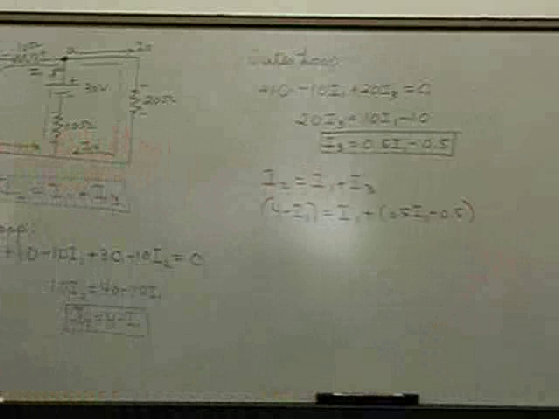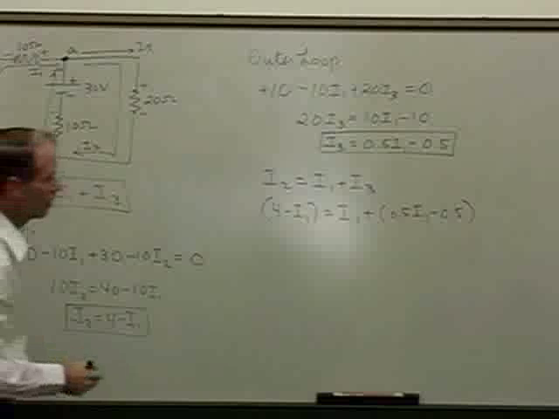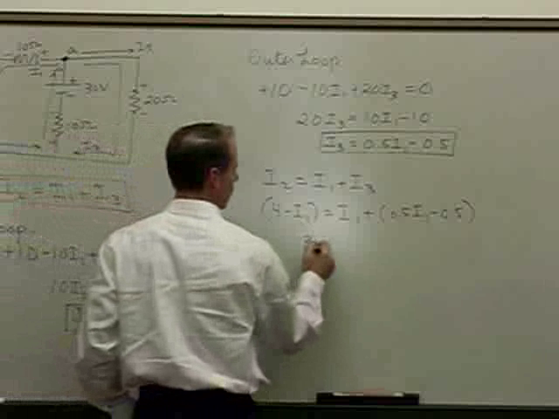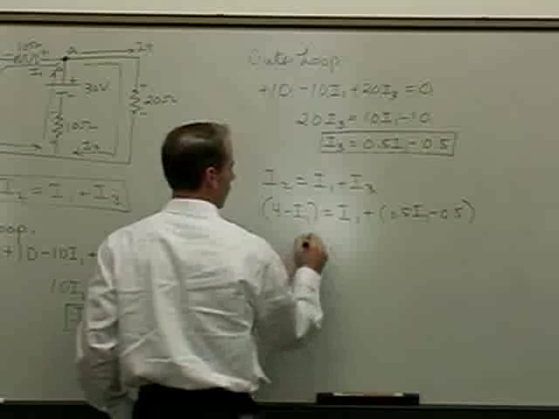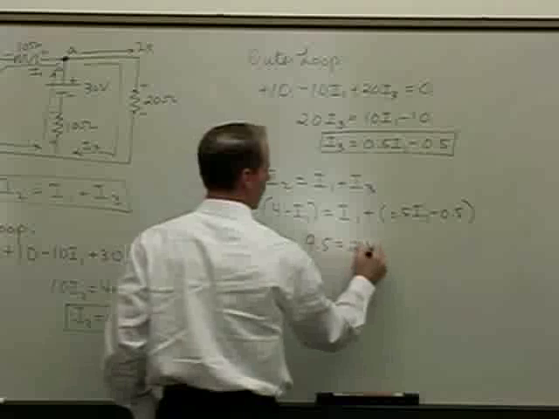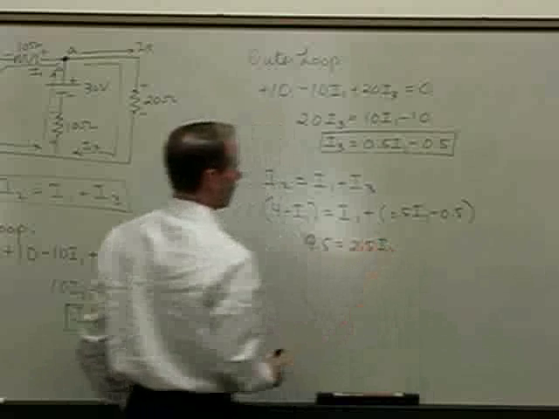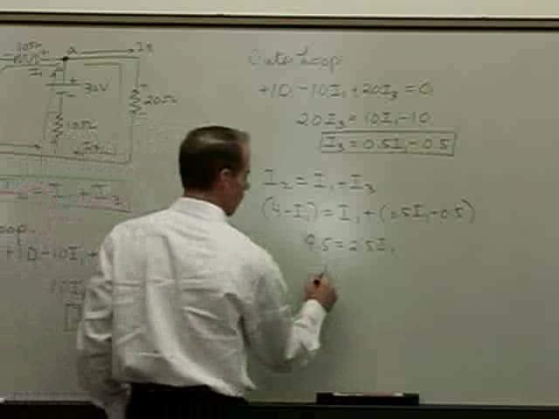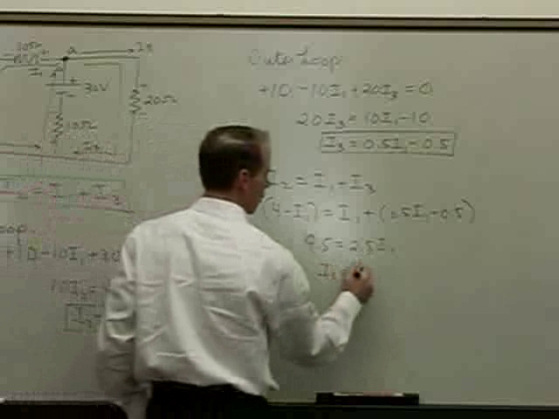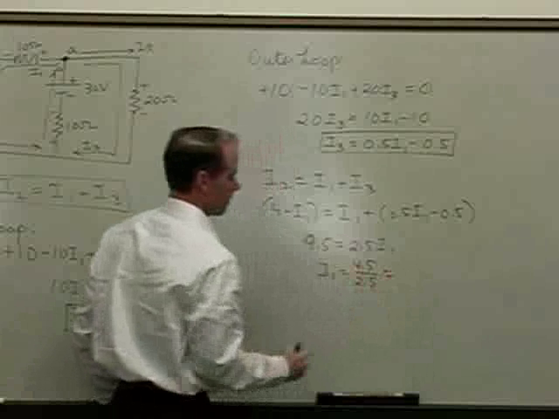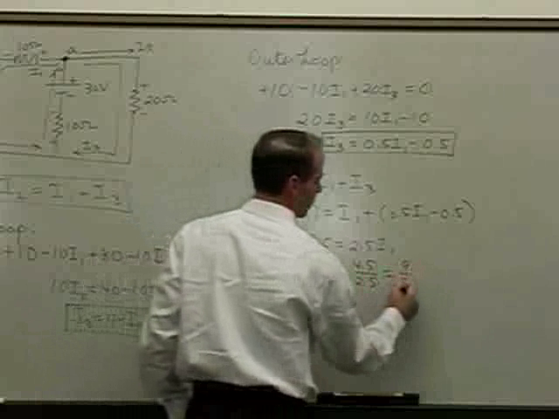Substituting in for I2 and I3, solving for I1. So I'll have 4.5 equals 2.5 I1. So I1 is equal to 4.5 divided by 2.5, 9 divided by 5.